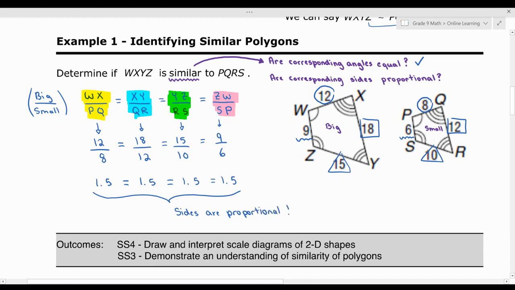And because they are proportional, we have verified, or proven, that those two polygons are in fact similar polygons.